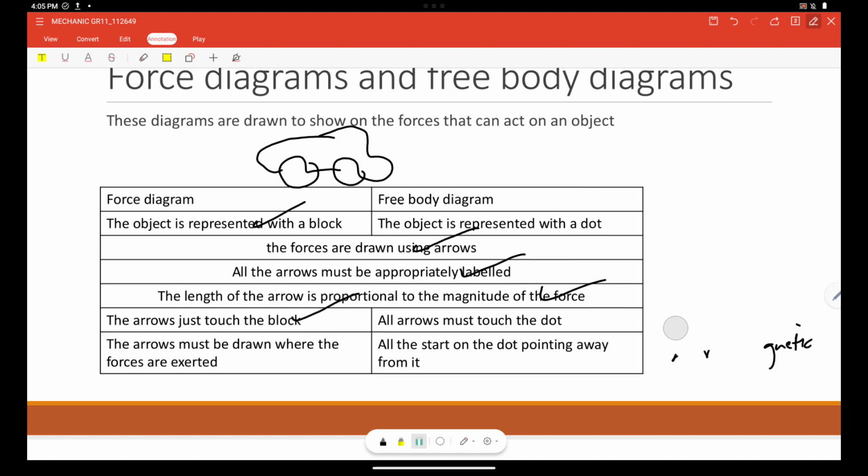Let us say, for example, we want to draw the kinetic frictional force. Let us say that the car is moving towards the right. Remember, the kinetic frictional force is opposite to the direction of motion. It is a force that opposes motion. What is causing it?